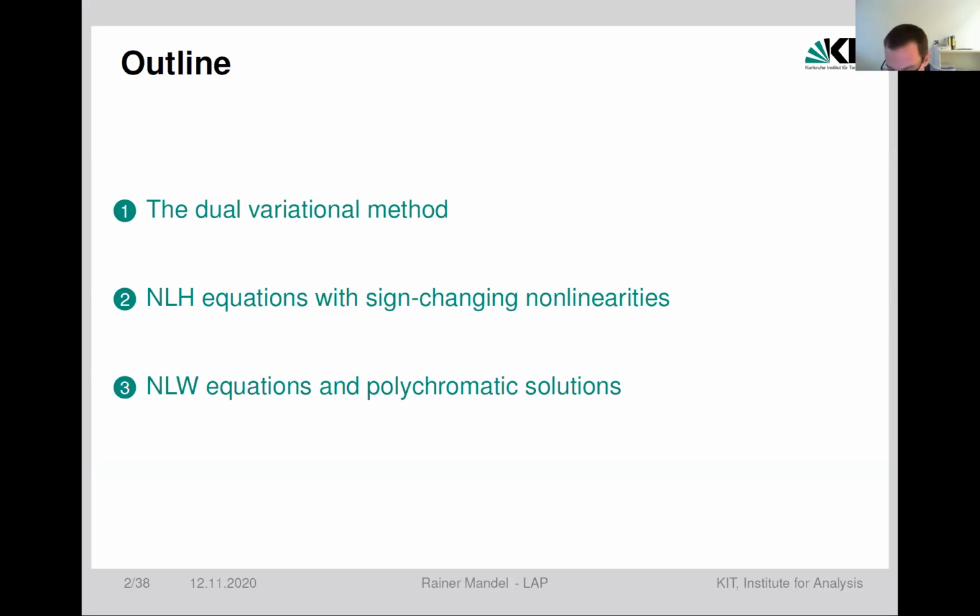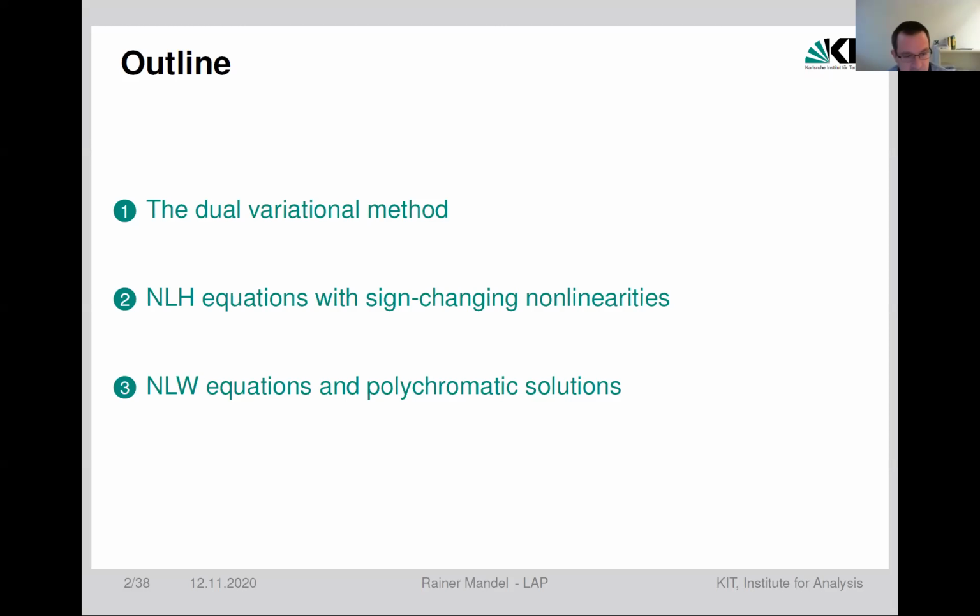So let me briefly tell you what I want to do today. In the first section, I want to talk about the dual variational method, and I would like to describe the main idea behind it, the principle, and why it is useful in the mathematical problems that I'm interested in.